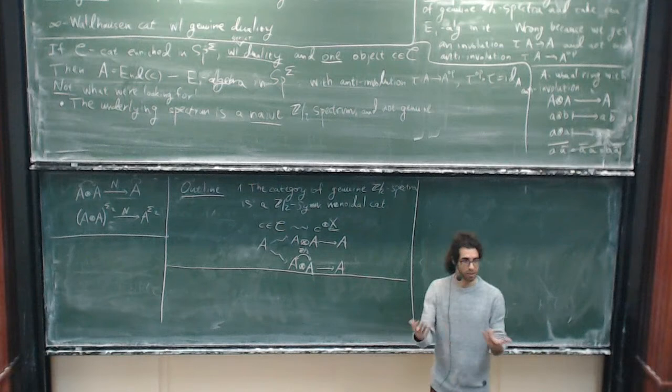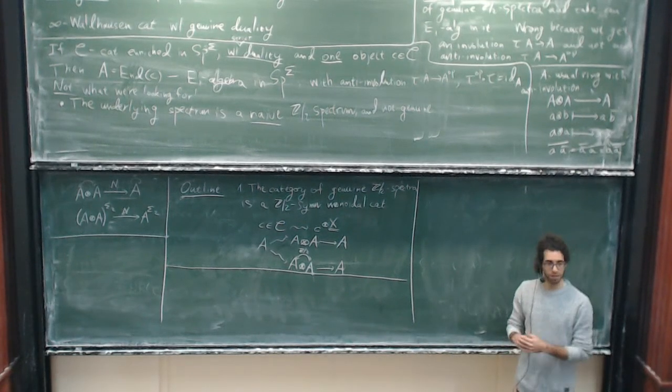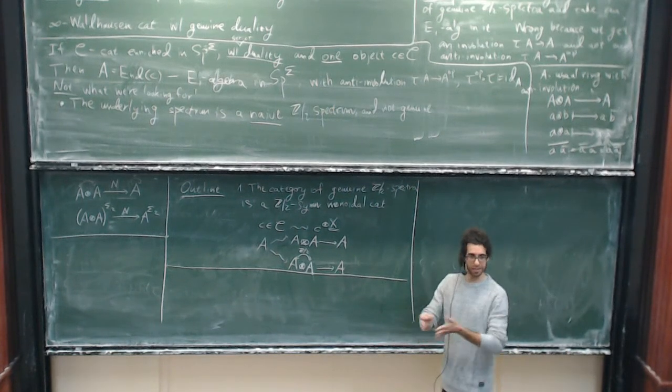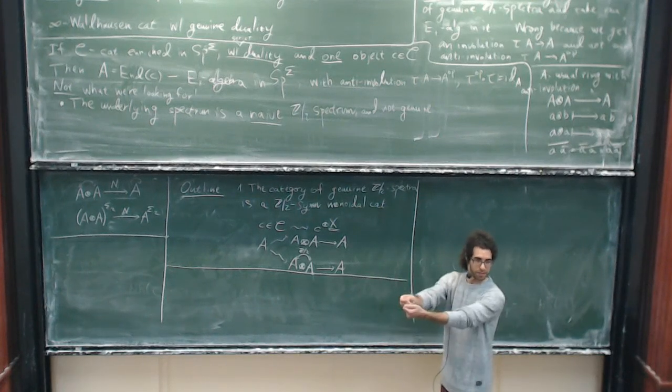In a usual operad, non-equivariant operad, we have the spaces of maps that go from a set of size n of inputs to a set of size 1.